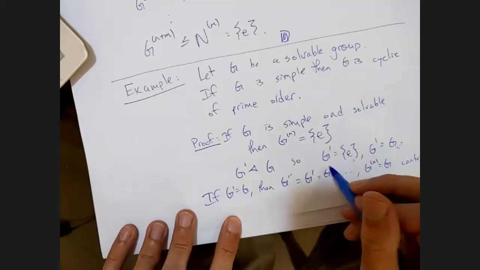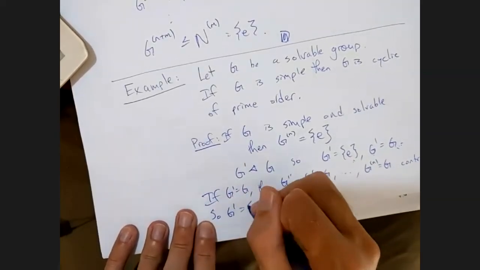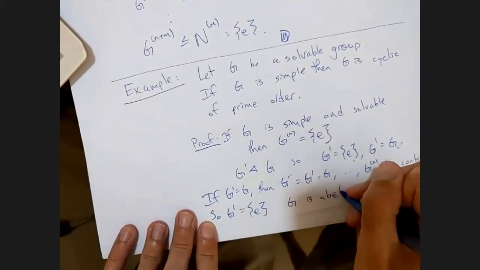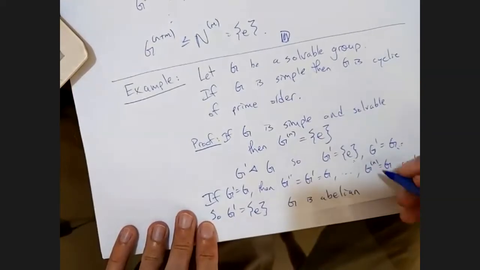So it has to be that G prime is trivial, which tells you that G is abelian, and the only abelian simple groups are the ones that are cyclic of prime order.